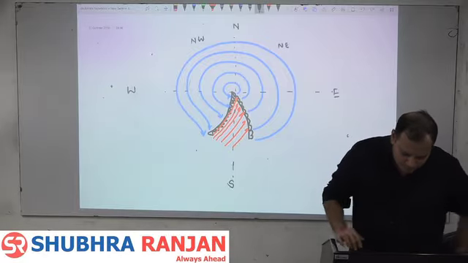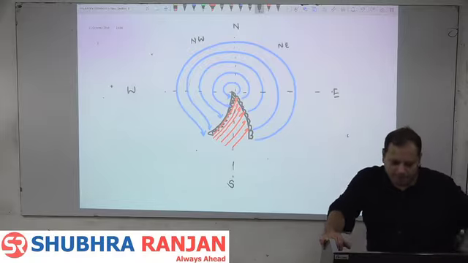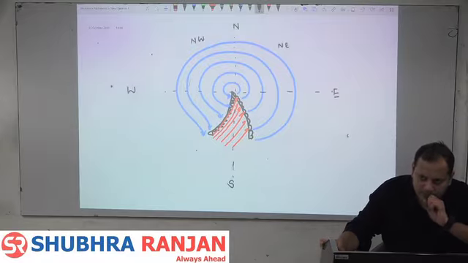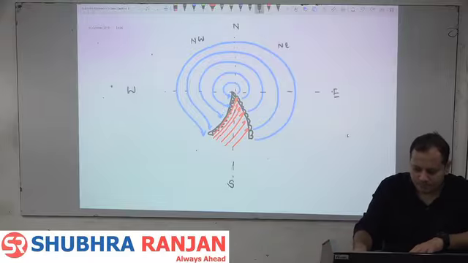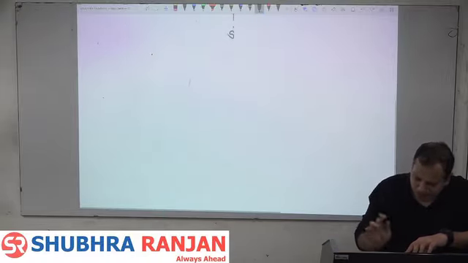So draw a world map very quickly. Don't draw this diagram now.